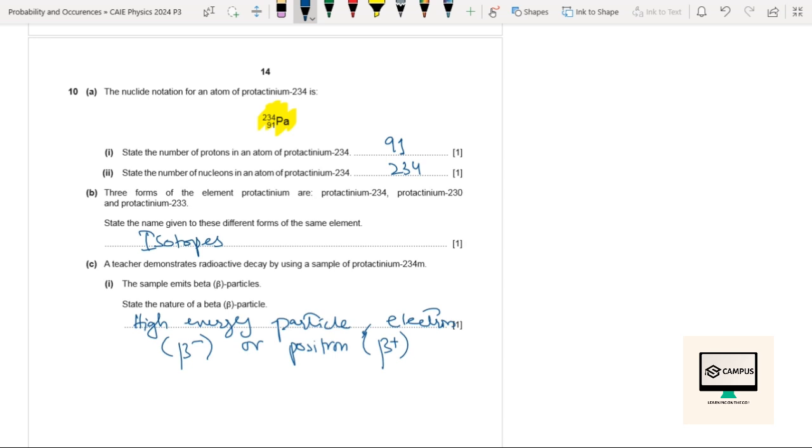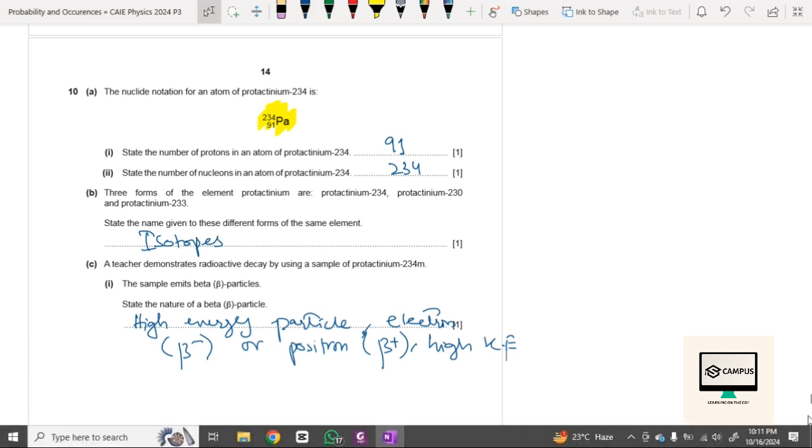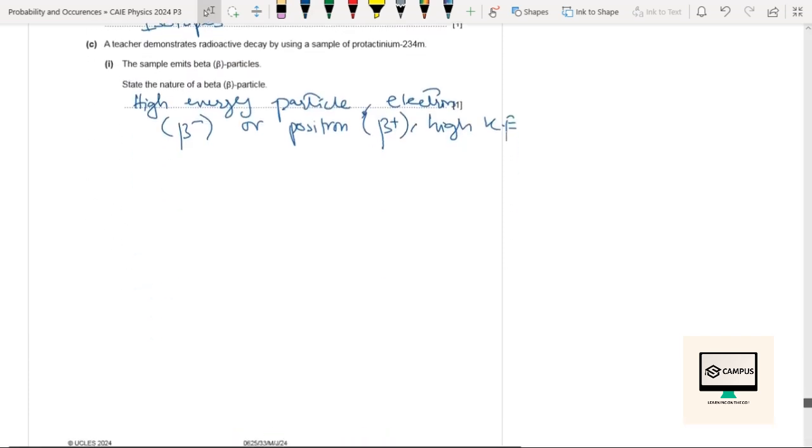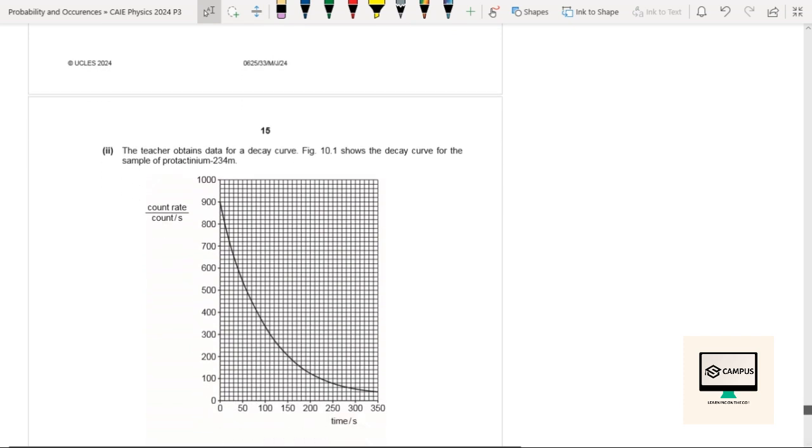Obviously, a positron has a positive charge, an electron has a negative charge, and it's at high kinetic energy. That's enough for this question. We can even mention one or two of them to get the 1 mark.